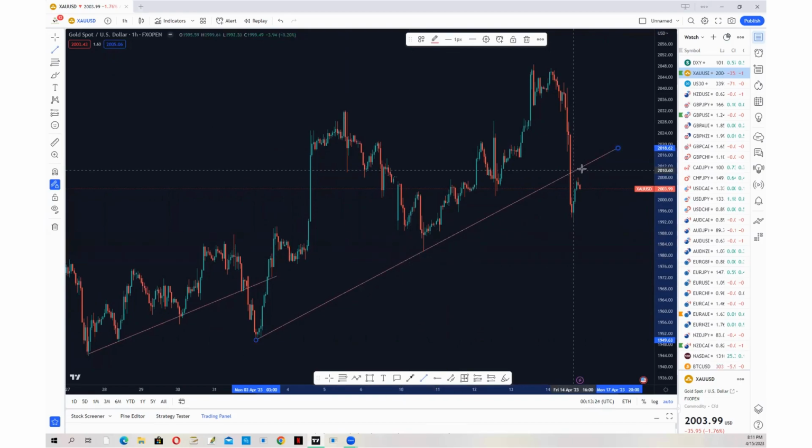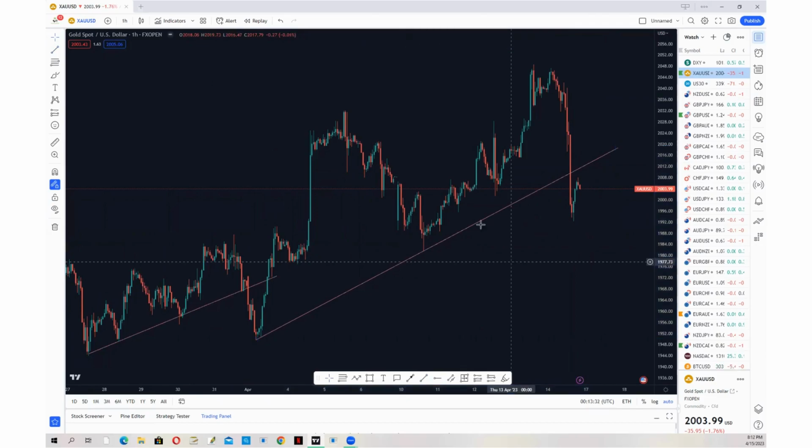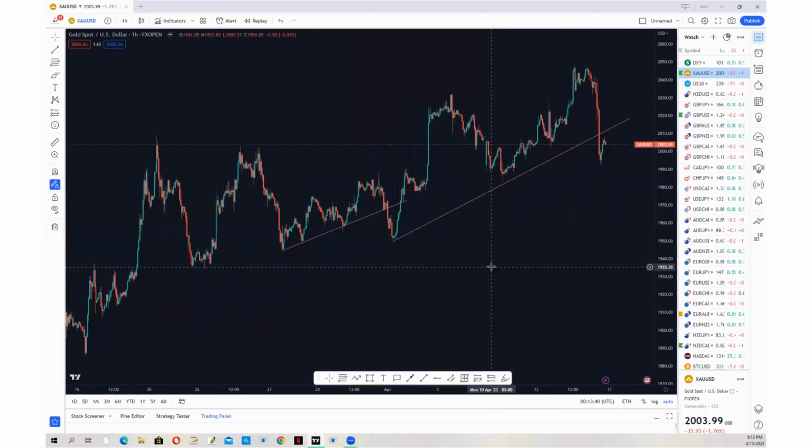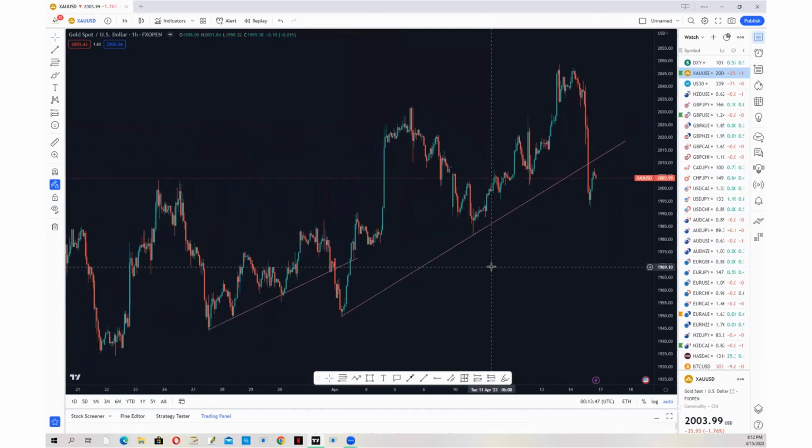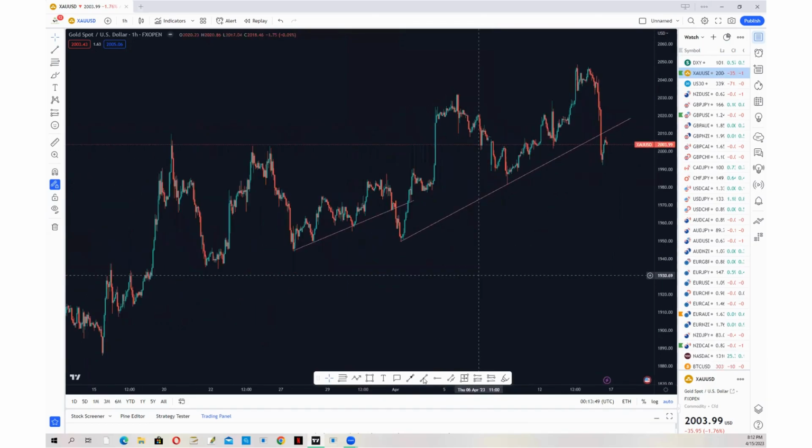We got a break here, waiting to see if you get a retest. Price doesn't always retest all trend lines because this could be a retest here as well, but not for this specific trend line. So you have to know what it is that you're looking for as it relates to price giving you a retest or not.